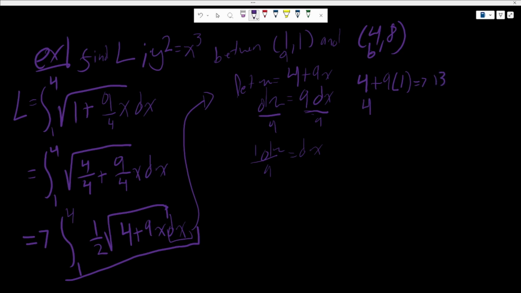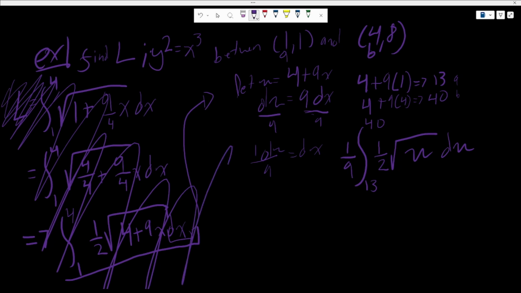And then we'll have 4 plus 9, and we're plugging in our 4. And that will just leave us with 40. So that is our new bounds. So if we plug this into our integral, we'll have from 13 to 40 of 1/9 on the outside. We still have that 1/2 on the inside of the square root of u du.